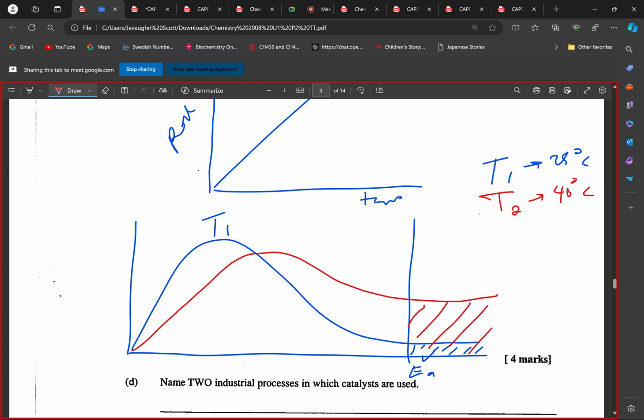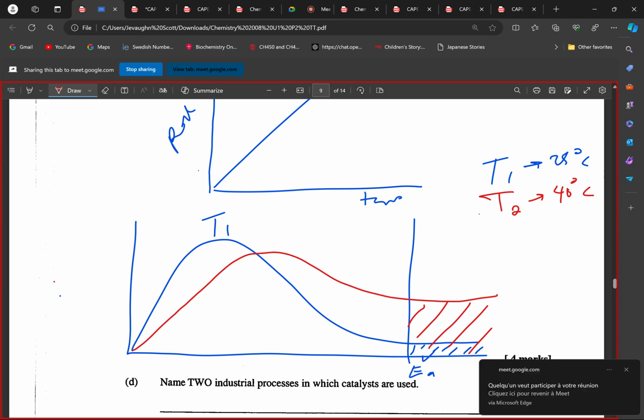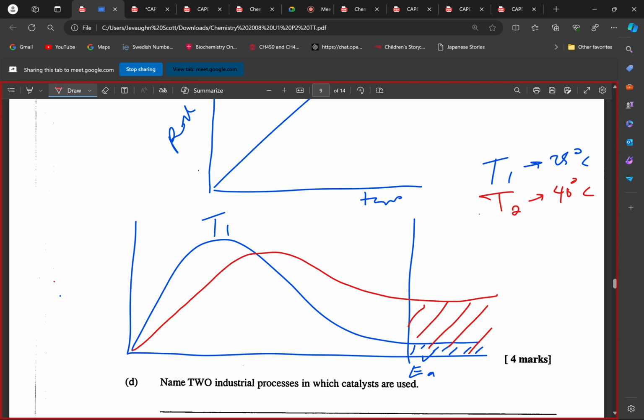And that is how temperature affects the successful collisions as it relates to the rate of reactions. So I drew both the regular rate catalytic curve and the Boltzmann catalytic curve, as well as the regular rate temperature curve and the Boltzmann temperature curve. So 4 curves were drawn and explained. Hopefully that information is sufficient.